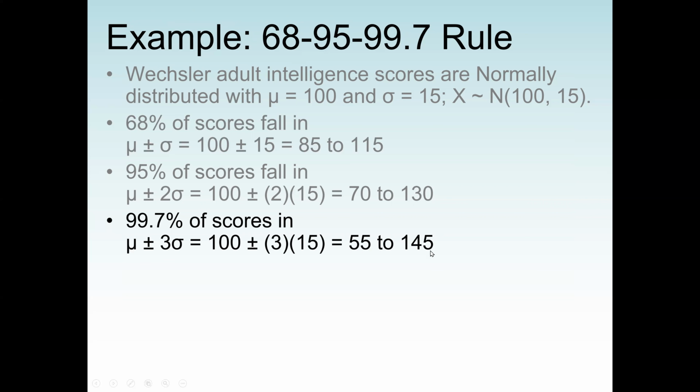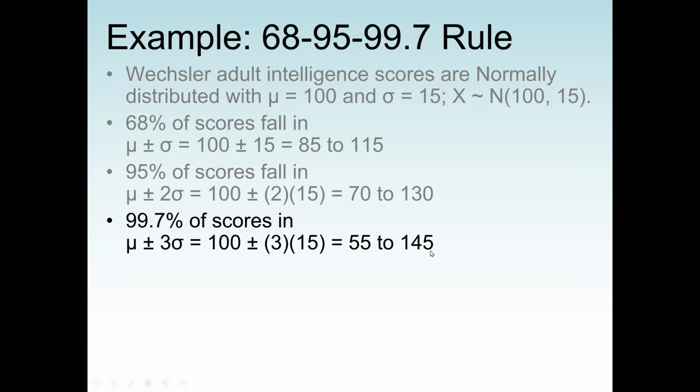Now, because of the 68, 95, and 99.7% rule, we can say 68% will fall within one standard deviation. 70 is our mean again, so it will be 70 plus or minus 2.8, where 2.8 is our standard deviation.